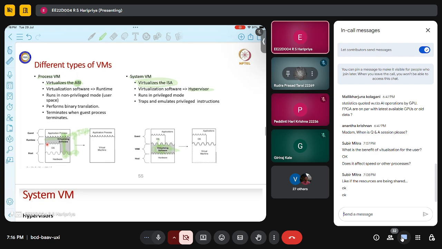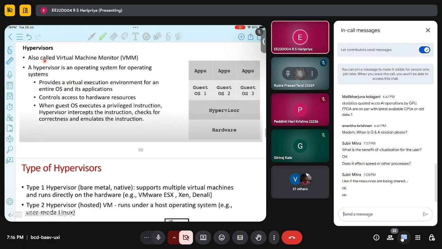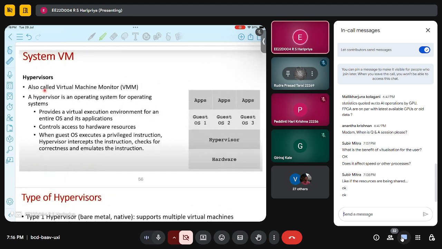So let's see in a little more detail. System VMs, or system virtual machines, are also called hypervisors or virtual machine monitors. Whenever we say VMM or hypervisor, it means the system of virtual machines that is running underneath.